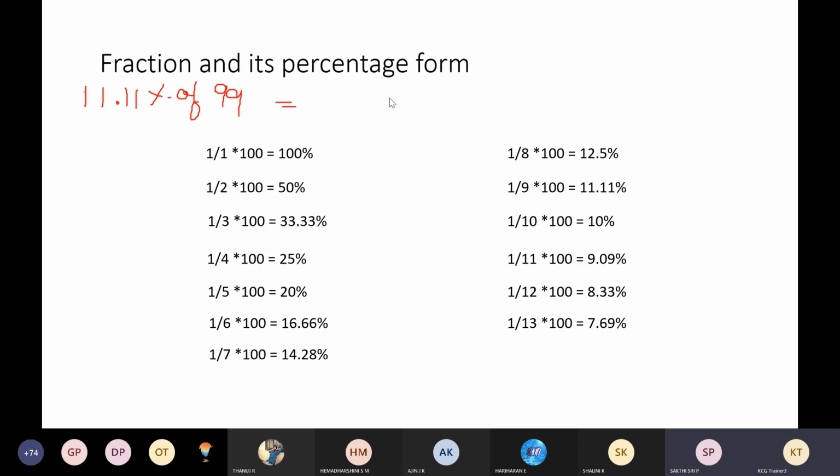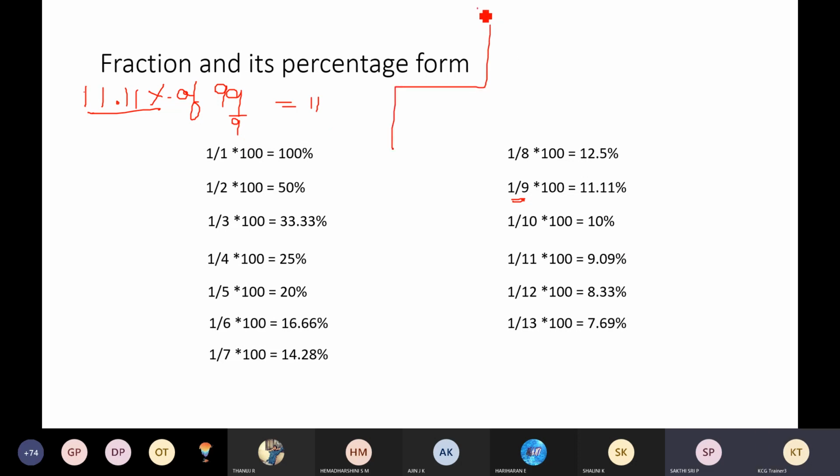Superb. Correct, guys. It will definitely be 11 because if it is 11.11 percentage, what are you supposed to do? Divide the number by 9. So if you divide this number by 9, I'll have 11.